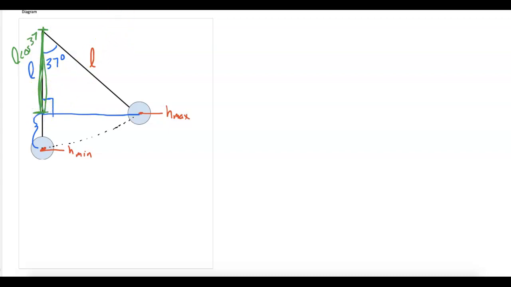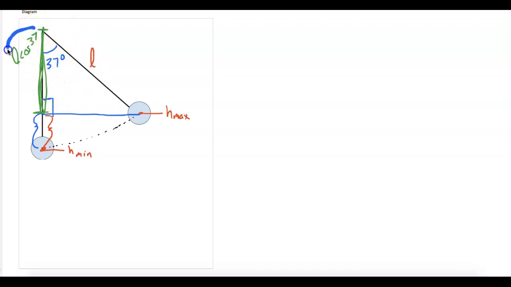If I really want to know how far I'm going from here down to here, then I can just say it's the length minus this little length here. One of the things I'm going to do is get rid of this L here. That L is the same as this L, so we really don't need it.